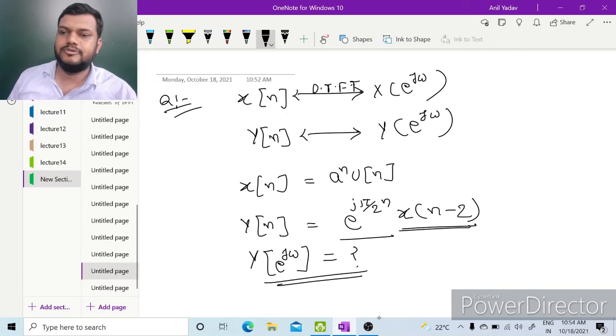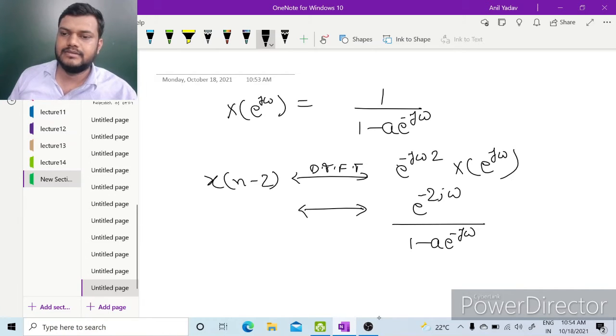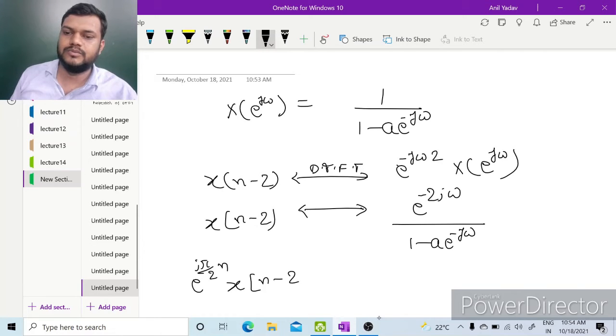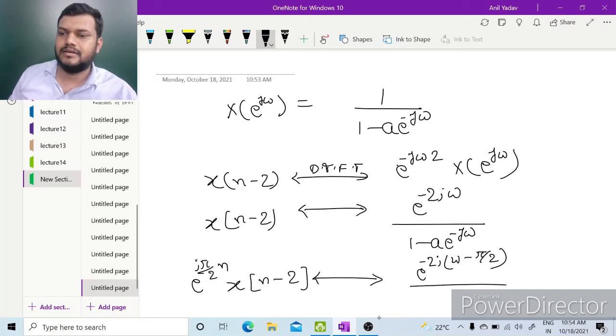This is the DTFT of x of n minus 2, then e to the power j pi by 2 n times x of n minus 2 will have, here we will replace omega with omega minus pi by 2, so e to the power minus 2j (omega minus pi by 2) upon 1 minus a e to the power minus j (omega minus pi by 2). This is because of frequency domain shifting.